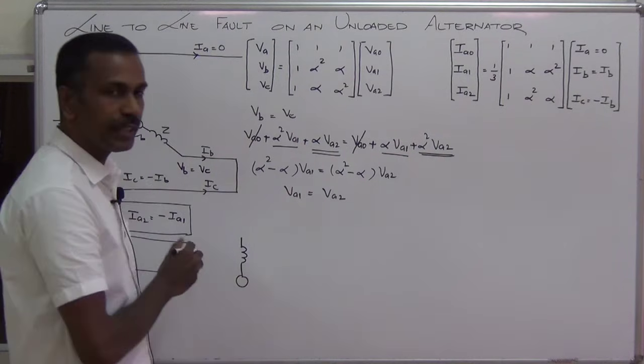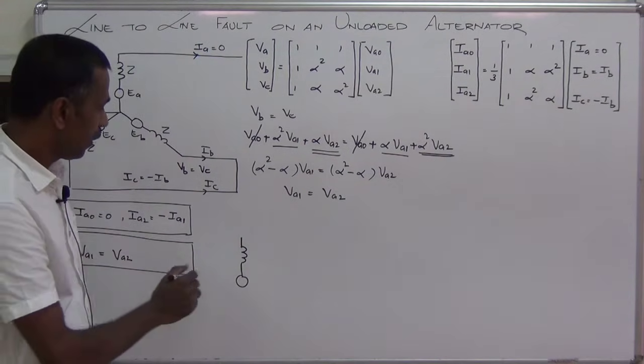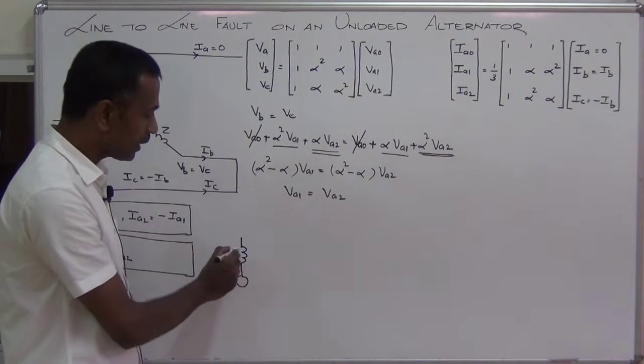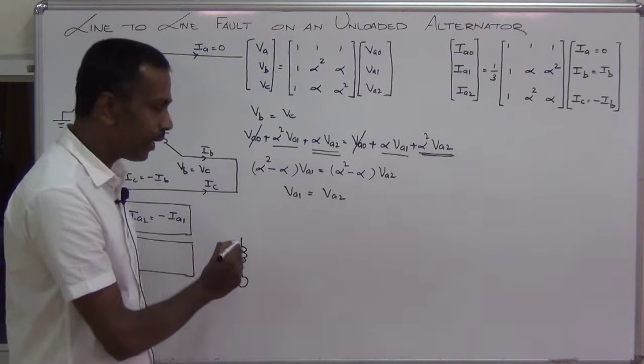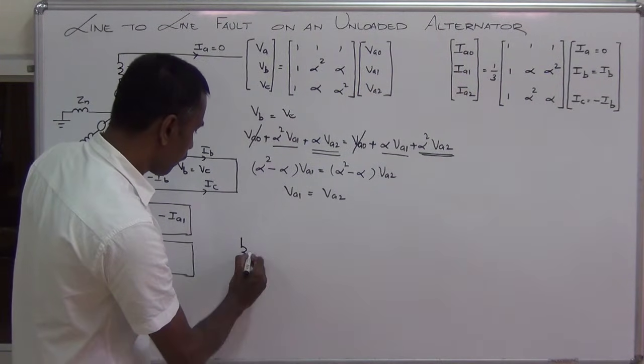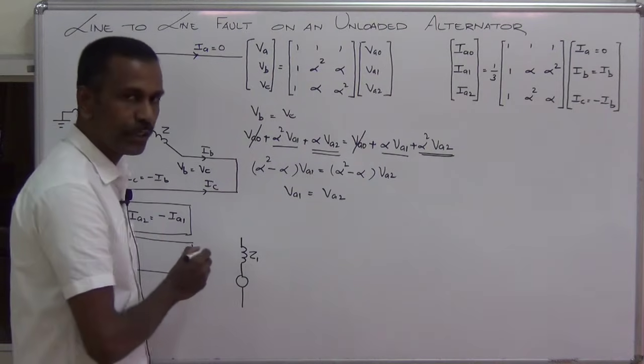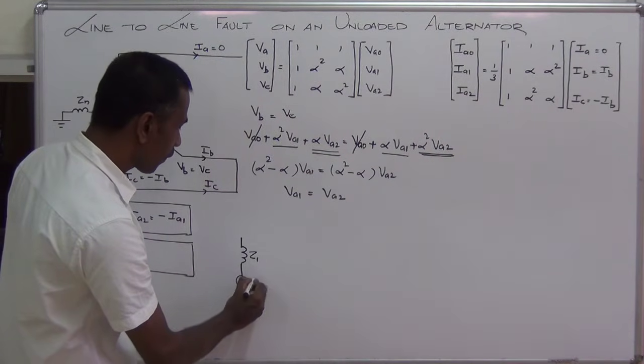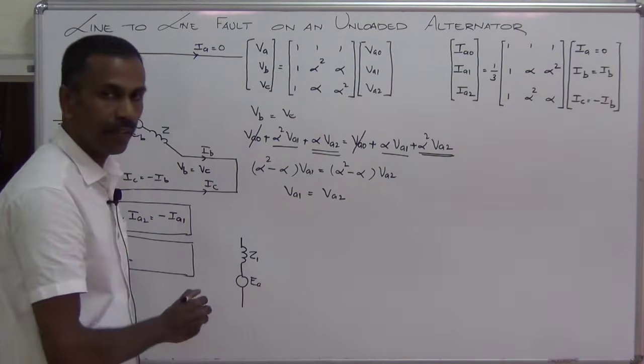When you draw the positive sequence network for an alternator, we have a voltage source in series with positive sequence impedance. This is the positive sequence impedance. This is the voltage source.